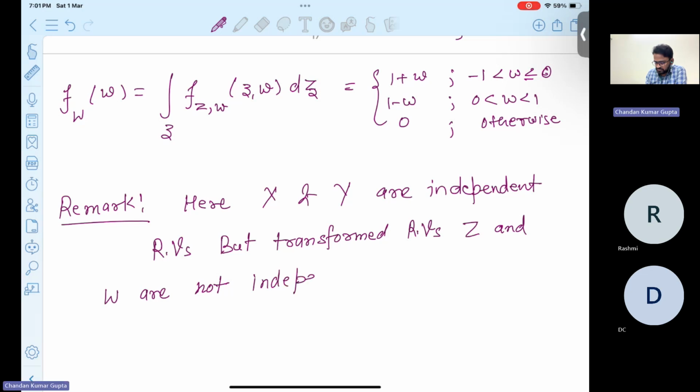So it is not necessary that transformed random variables defined on independent random variables are independent as well.